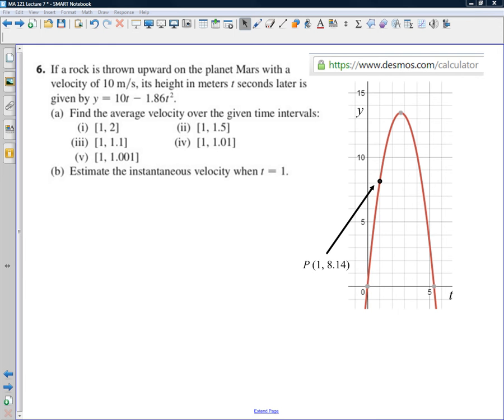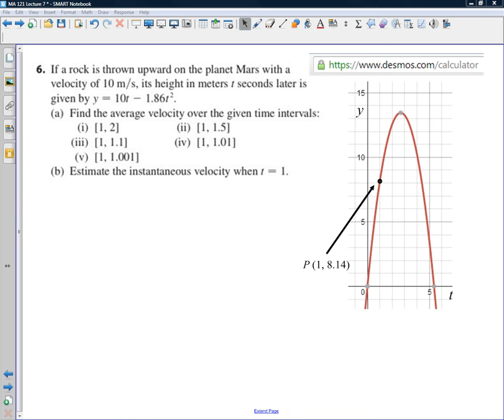And if you look to the discussion, every one of the average value calculations starts at 1 and then has a certain duration, like 1 to 2 or 1 to 1.5.